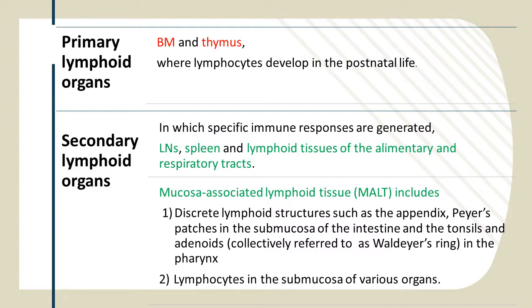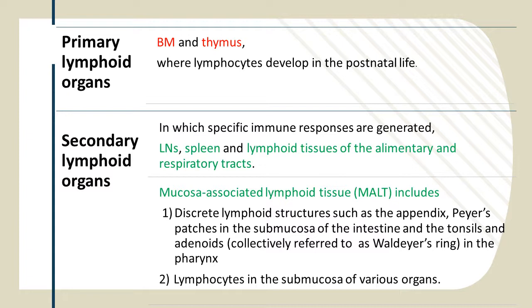The latter is the mucosal associated lymphoid tissue, which includes first discrete lymphoid structures such as the appendix, Peyer's patches in the submucosa of the intestine, as well as the tonsils and the adenoids in the pharynx. The latter is referred to as Waldeyer's ring.